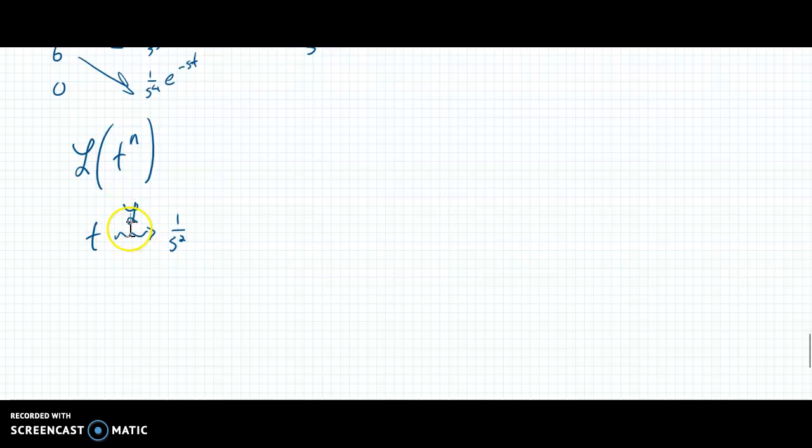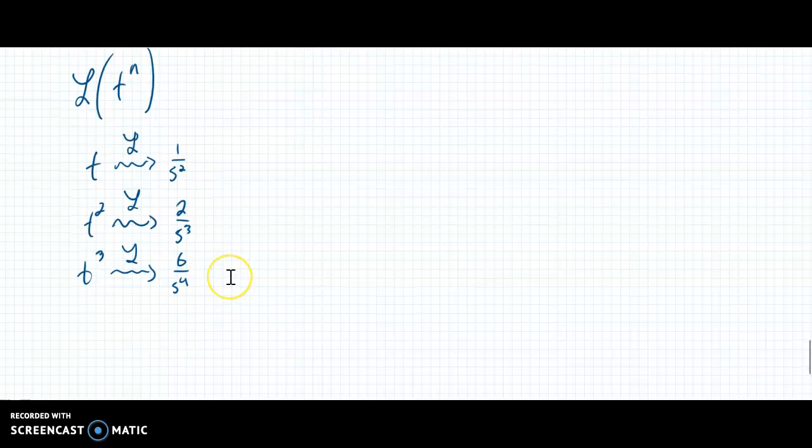This notation right here is exactly the same as saying the Laplace of t to the n with n equal 1. So t squared Laplaces to 2 over s cubed. t to the 3rd Laplaces to 6 over s to the 4th.